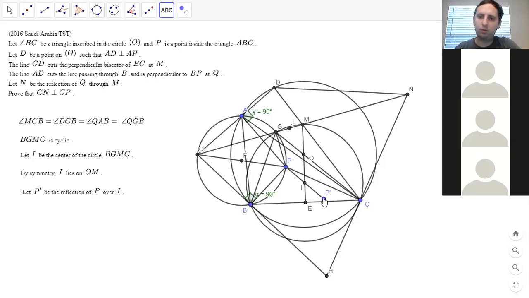Yeah, at first I thought that BGC is the pedal circle of P. So it's a mistake. Yeah, I think there's still one more step to prove it because we know that these are perpendicular, but we don't know yet that this one's perpendicular, right? So we can't say that this really is the pedal circle.